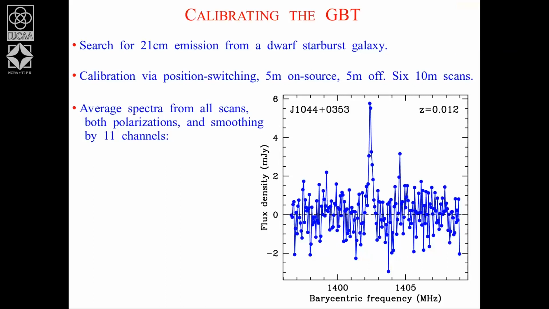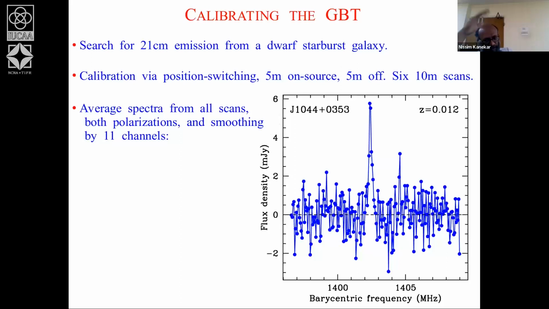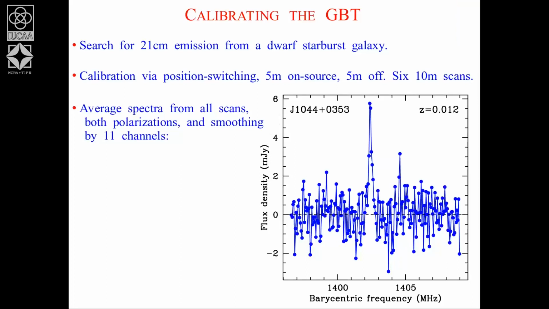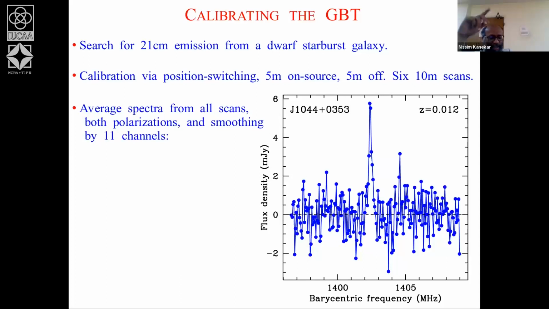Sir, both polarizations in the sense, what are the two polarizations which we are considering? Oh, I see. So over here, radiation can be polarized in 2 orthogonal directions. And any antenna or any feed is only sensitive to one of these polarizations.